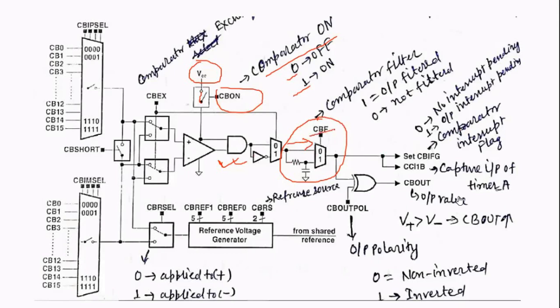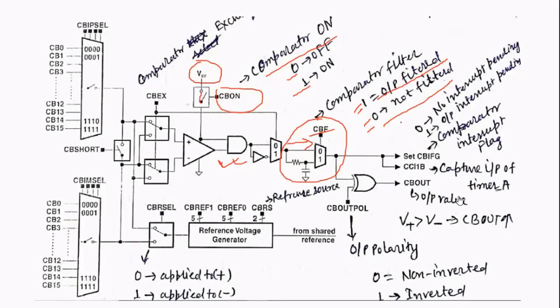This CBF bit is called comparator filter. If you want to use the comparator filter, you have to set the CBF bit equal to 1. If you don't want to filter the output, you can set this value equal to 0. So when CBF equals 1, it means that it will filter the output. If it is 0, it means that it is not filtered.